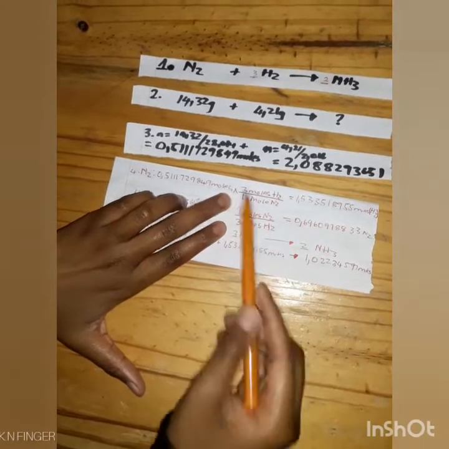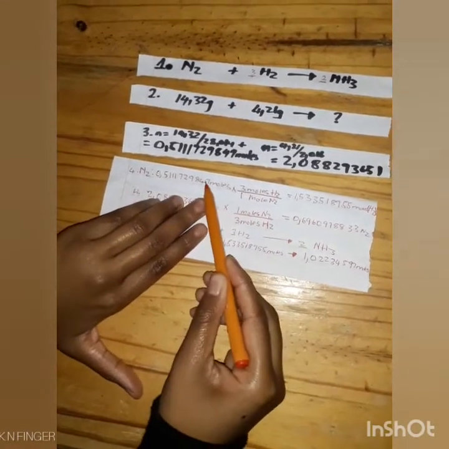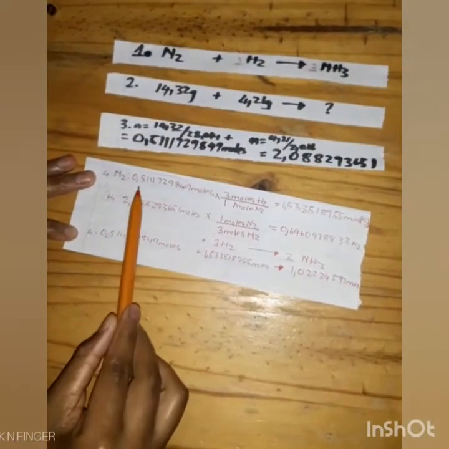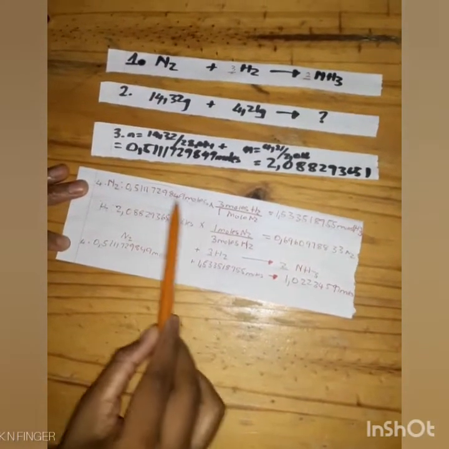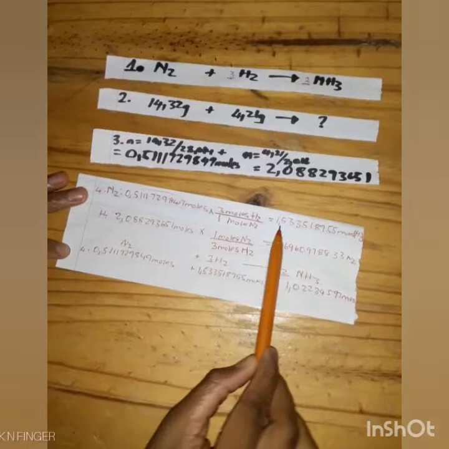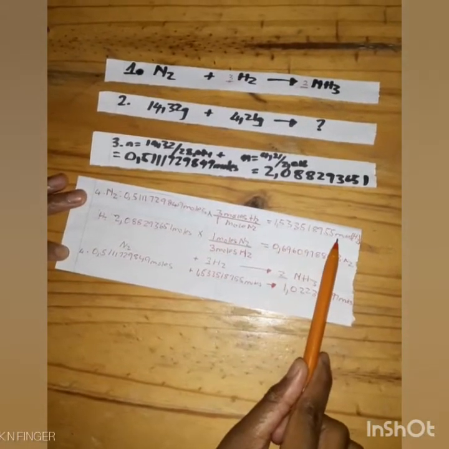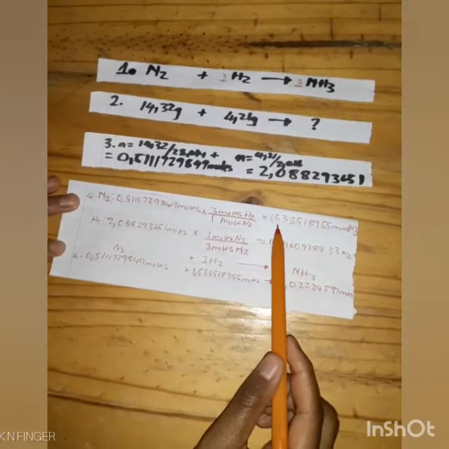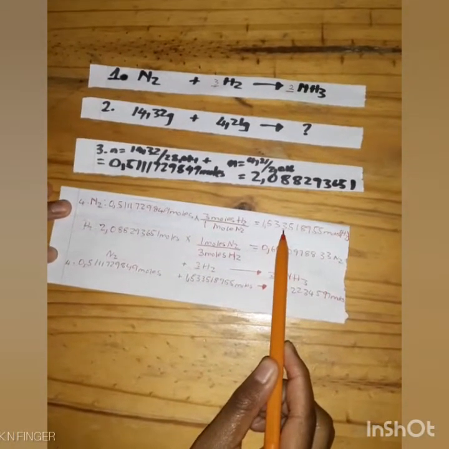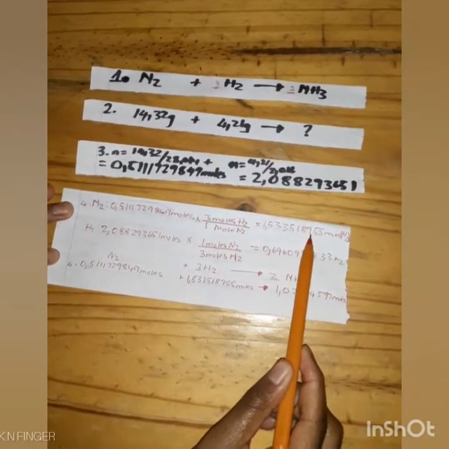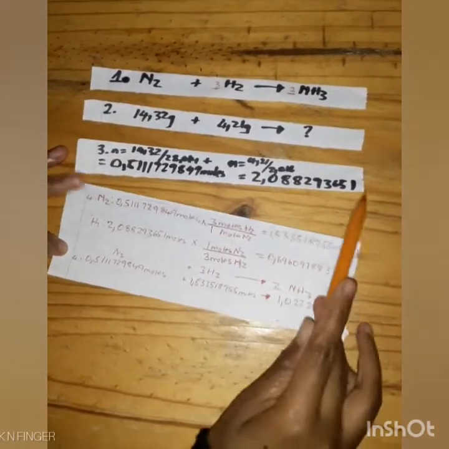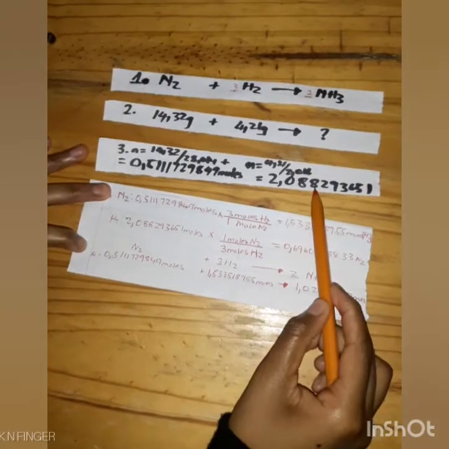All right, so the method you're going to apply, you say this number of moles times that 3 divided by 1, it gives you this. Okay, so therefore to use all the moles of nitrogen, we need 1.5335189555 moles of hydrogen. From step 3, do we have those amount of moles of hydrogen?